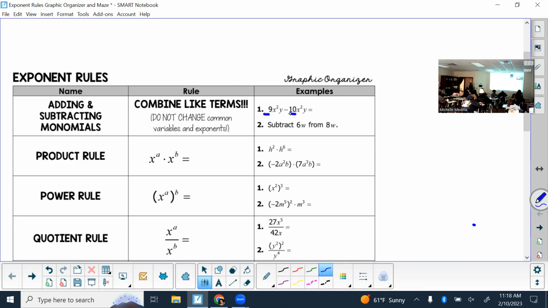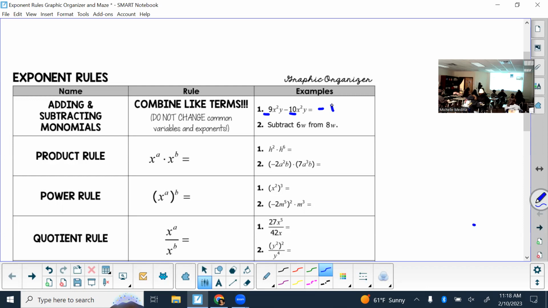Combine means add, but depending on the sign that's there, it might seem like you're subtracting. Same difference, because you can't add a negative number. So what's 9 minus 10? Negative 1. Same way, if you thought 9 plus negative 10, you still get negative 1.